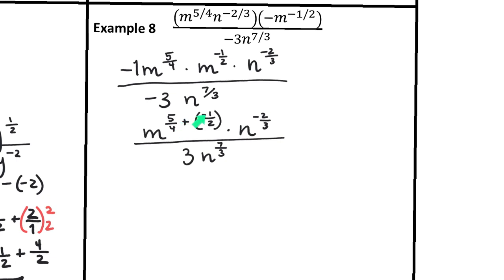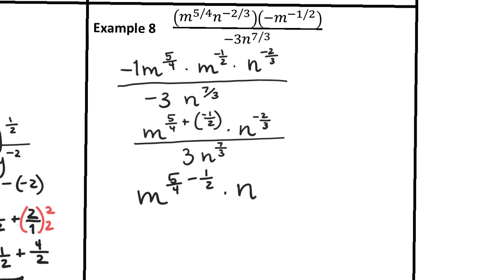We have a plus and a negative, so that changes to m to the 5/4 minus 1/2. And now what happens with the n's?